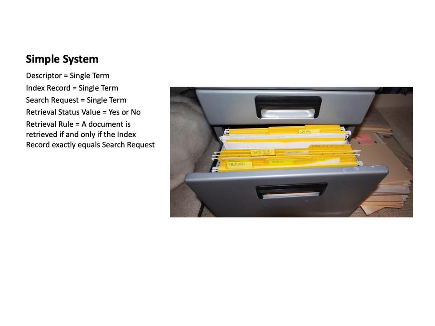Can't be kind of like, but it has to exactly equal. So hopefully here we've got the simplest case that makes it more evident how we can make use of these terms: the descriptor, the index record, the search request, the retrieval status value, and the retrieval rule.